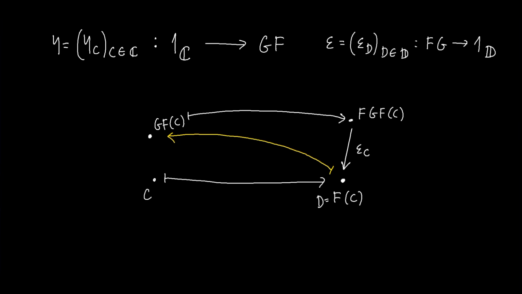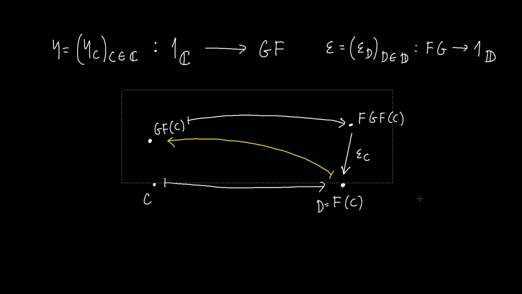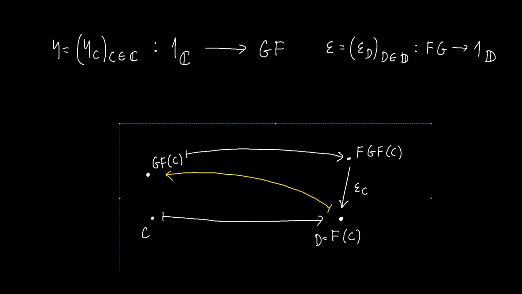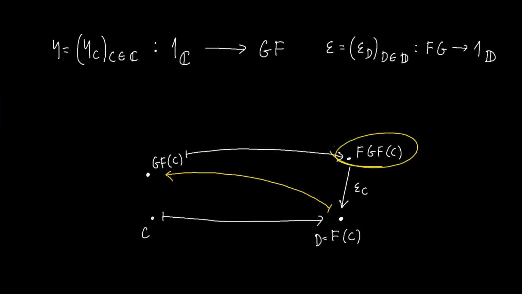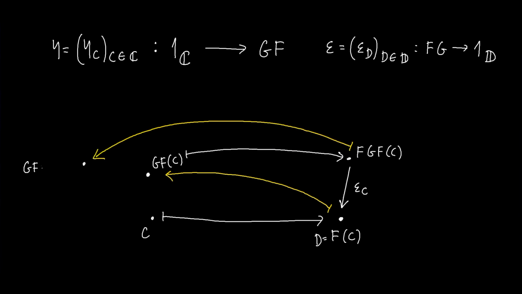Okay, so let's continue going back and forth. Let's now apply G one more time. So we now take this object here and we map it again by G. We will get something long. We will get G of F of G of F of C.